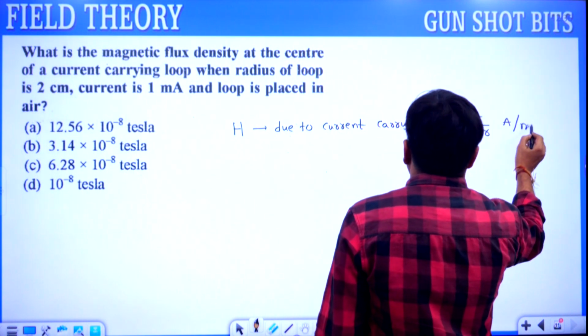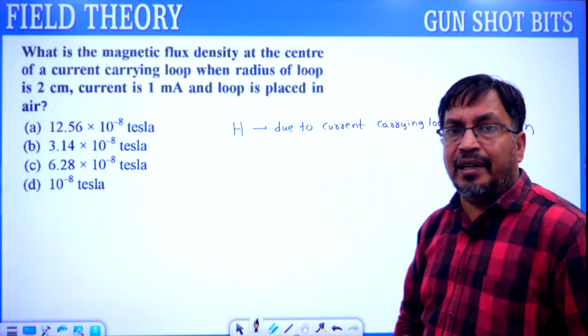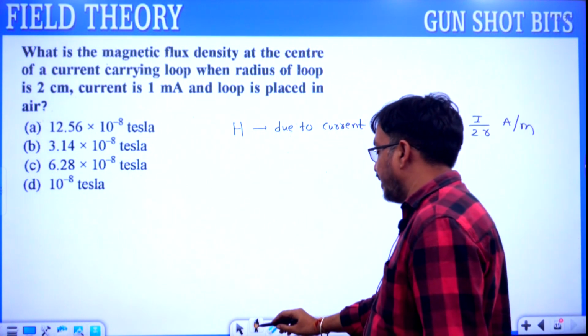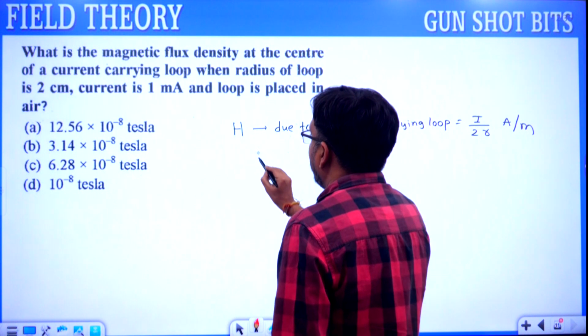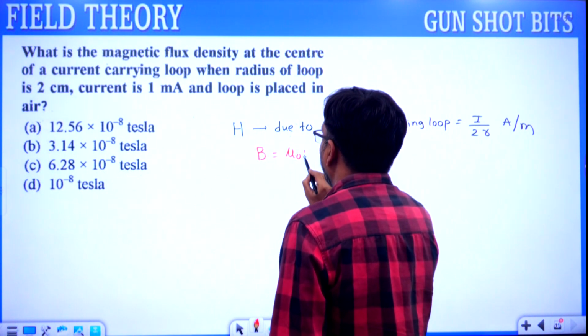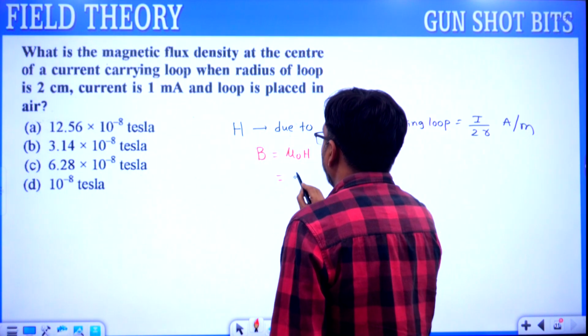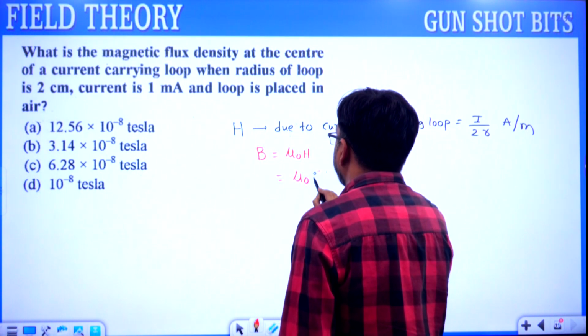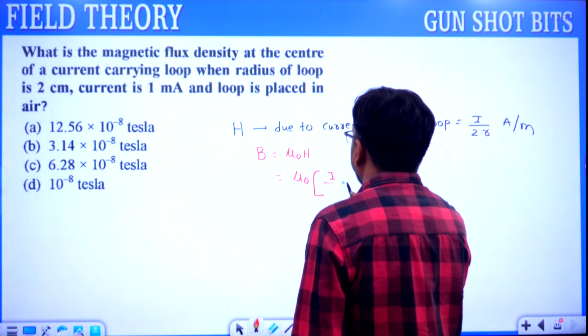This is the formula, but it is asking for magnetic flux density, that is B. B equals, I am writing here, mu naught H, that equals mu naught into H, I am writing I by 2R.